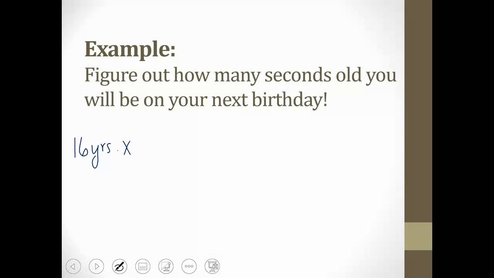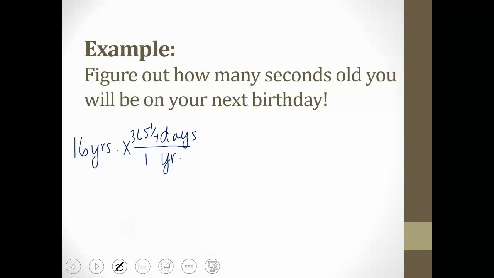What you do is you set up factors so that the label divides out and you convert it into a new label, but an equivalent quantity. For example, we know that a year is 365 and a quarter, or 0.25, days because of leap year.